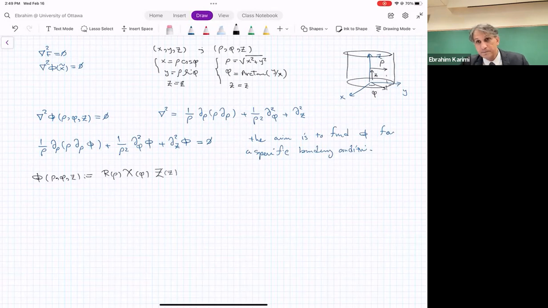By the way, I forgot to ask you this question: why can we do that? How are we allowed mathematically to assume that this is a product of three different functions? Any thoughts, guys?